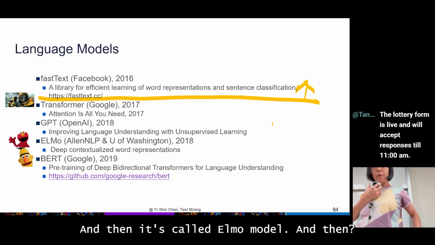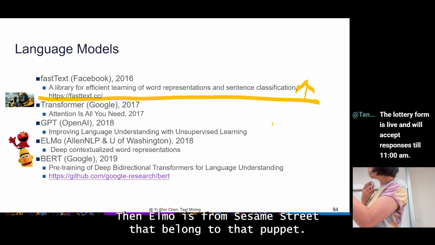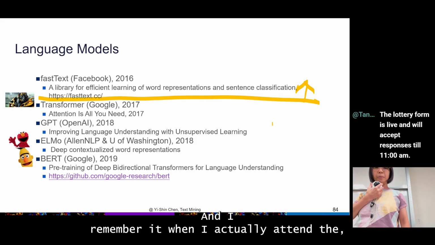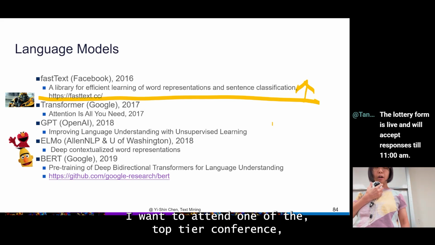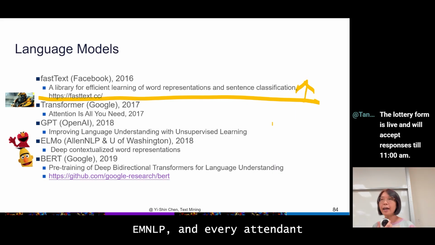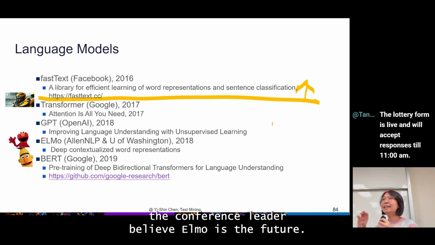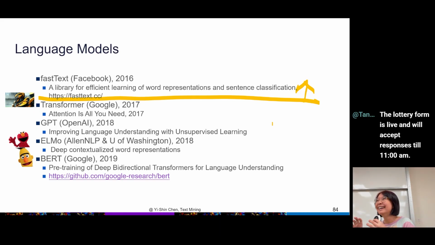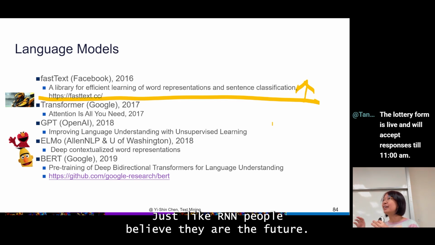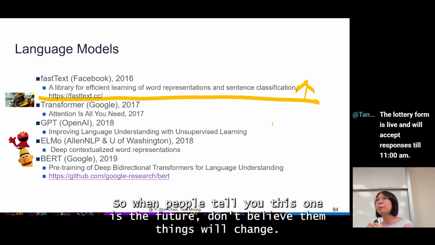It's called the ELMo model, and ELMo is from Sesame Street, that puppet. I remember when I attended one of the top tier conferences called EMNLP, every attendee received this Elmo puppet, because around that time the conference leaders believed ELMo is the future. Just like LSTM, people believed they are the future. So when people tell you this is the future, don't believe them.